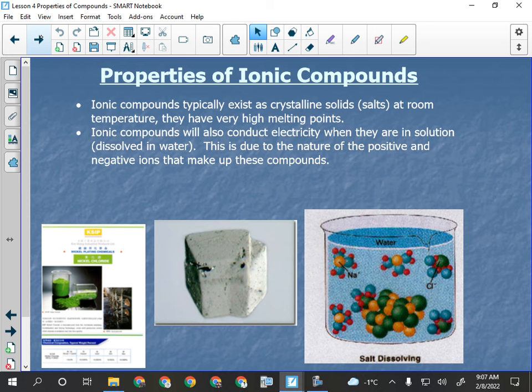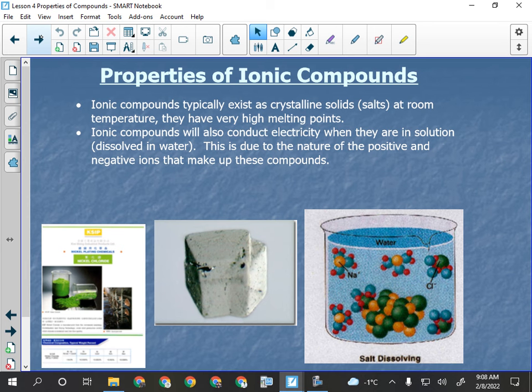Anything that is a solid containing a metal and a nonmetal is technically a salt. It's not salt like you would use on your food. Some of those salts would be highly poisonous or taste really bad. But obviously table salt, sodium chloride, is an ionic compound. All ionic compounds are typically going to be crystalline solids at room temperature.